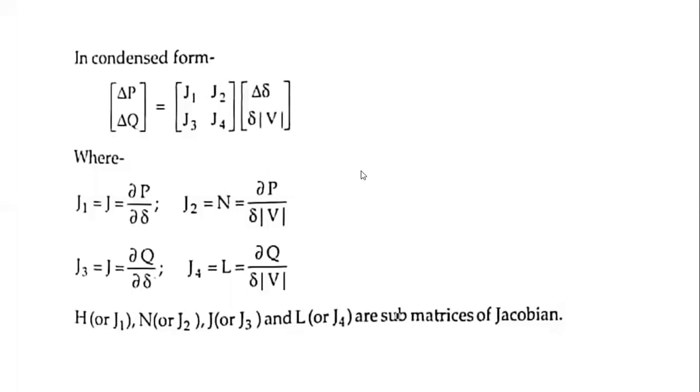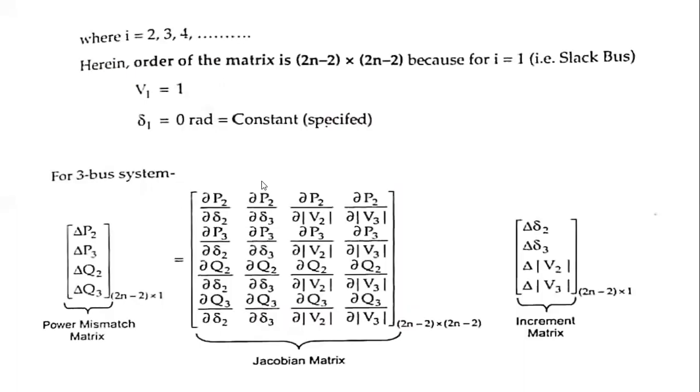This is the formation: delta P, delta Q, J1, J2, J3, J4, delta, delta V.